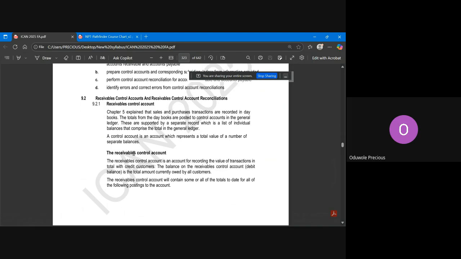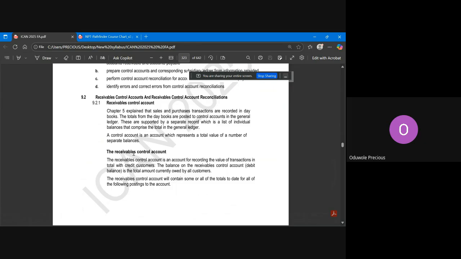So how do you know a transaction that is going to your receivables control account? The first thing you have to know is that it relates directly to your customers.